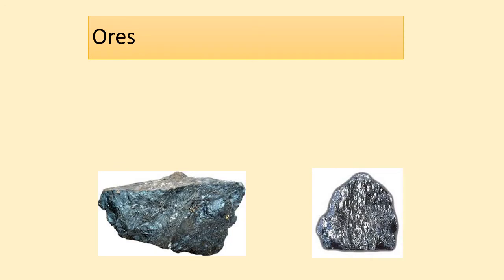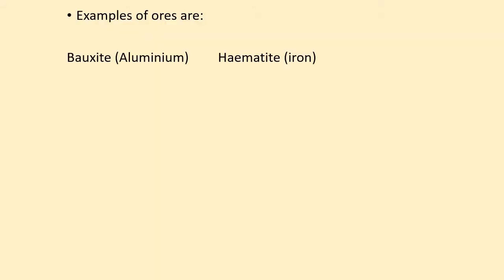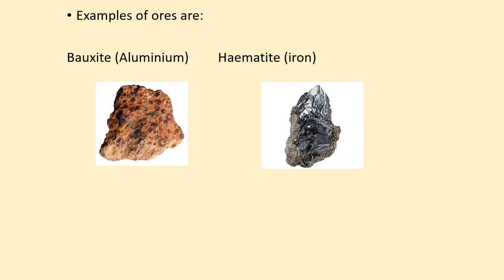So ores. Ores are naturally occurring rocks that contain metal elements or metal compounds. So an ore is a rock that contains metal elements or metal compounds. Examples of ores. Bauxite is an ore in which you can find aluminium compounds. Hematite is an ore in which you can find iron compounds.